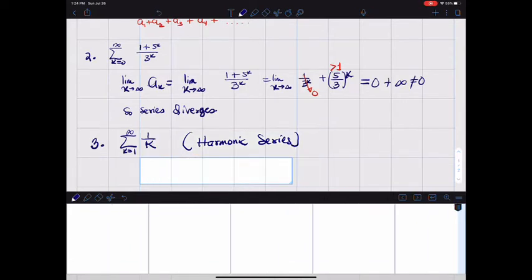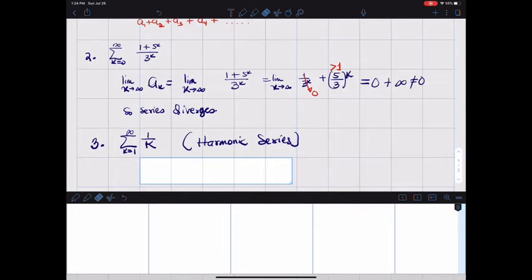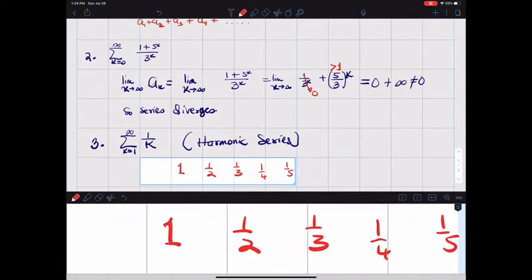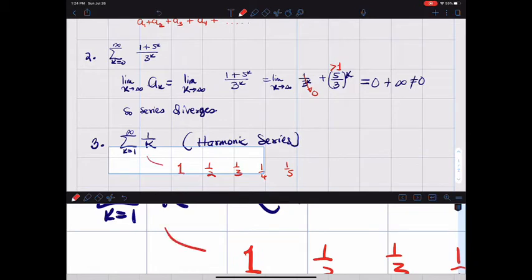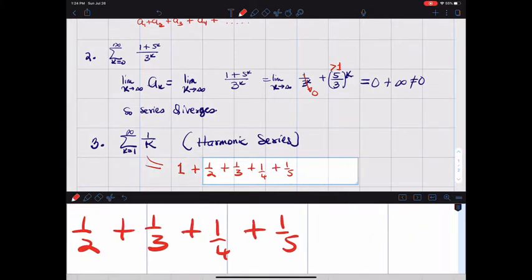Let's start with the sequence: 1, 1/2, 1/3, 1/4, 1/5. So this series is equal to 1 plus 1/2 plus 1/3 plus 1/4 plus 1/5, et cetera.